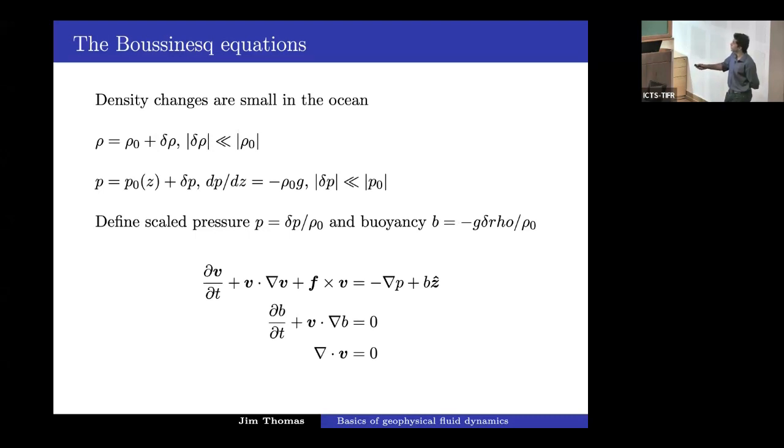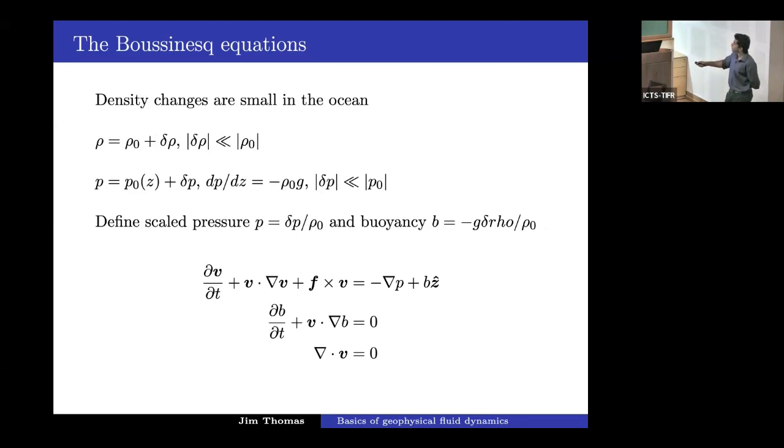So we have a constant plus a small perturbation for the density, and you can write the pressure as a leading order part, P naught, which depends only on z. P naught is in hydrostatic balance with rho naught. Then we have a perturbation delta P, which is again small compared to this leading order part.